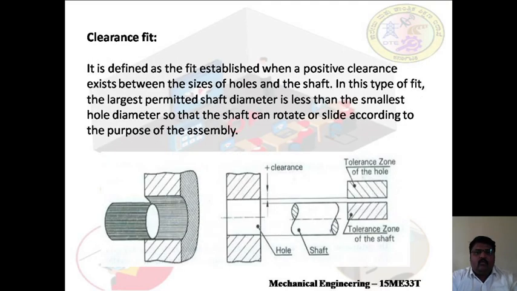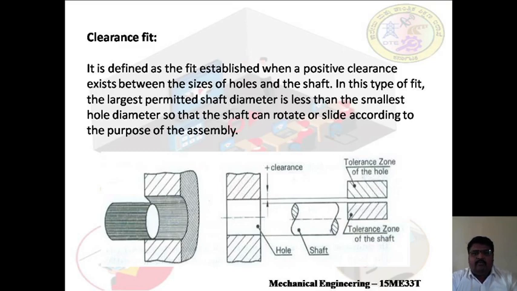Now, what is a clearance fit? In the diagram we will see what a clearance fit is. It is defined as the fit established when a positive clearance exists between the sizes of the hole and the shaft.